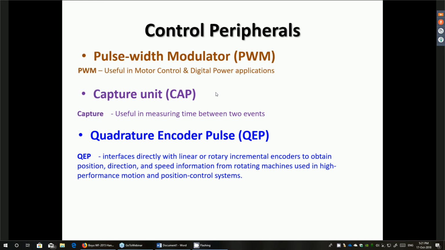We are talking about induction motor, brushless DC motor, and so on, running algorithms like field-oriented control, sensorless control, and also digital power applications like DC-DC converters, solar inverters, and so on. So unfortunately, I cannot talk in detail. Like I said, this is not my area of expertise, but I do know a little bit about these control peripherals, and I would just like to give a snapshot of this to the students.